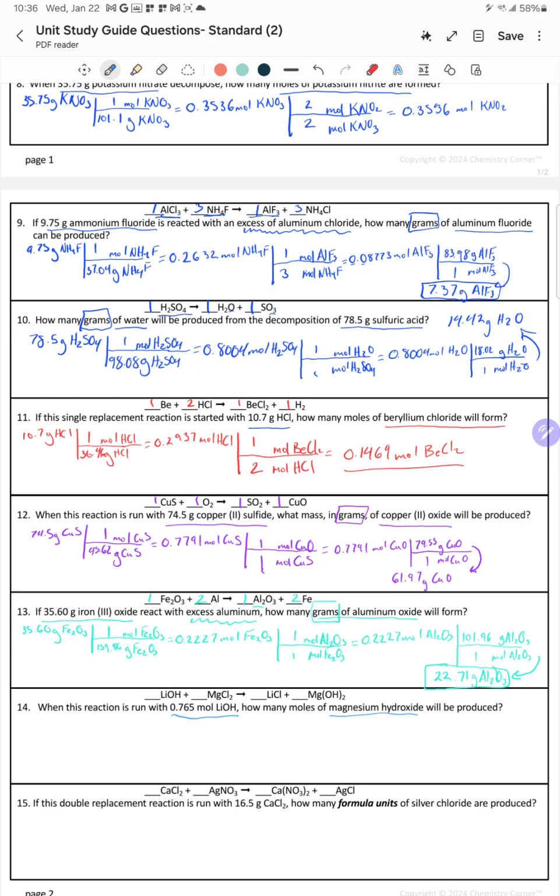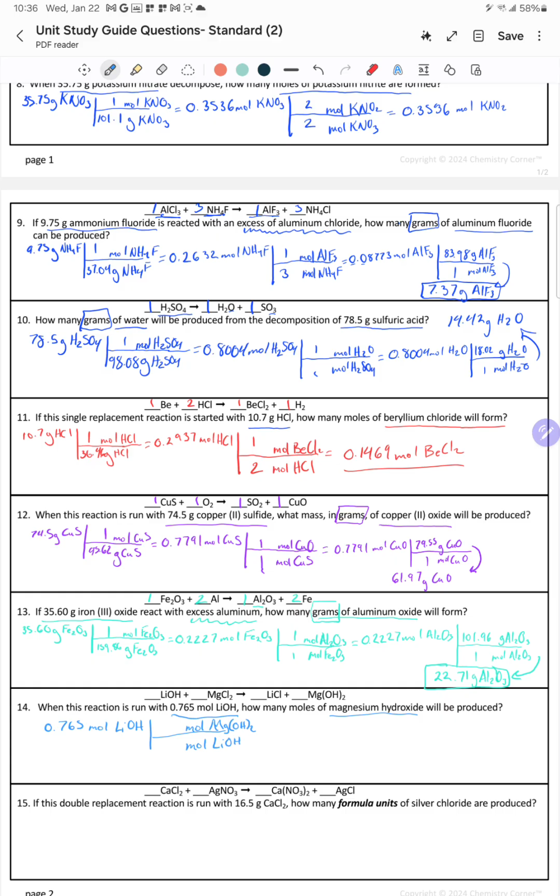So I'm going to convert 0.765 moles of lithium hydroxide into moles of magnesium hydroxide.